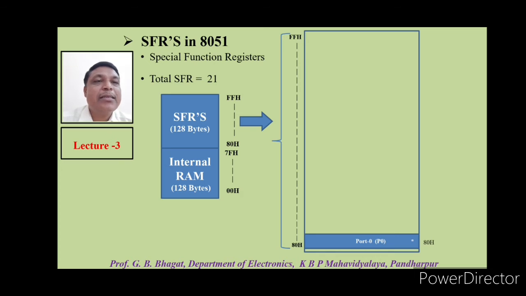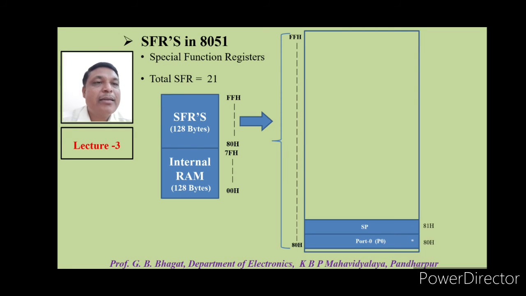First, at address 80 there is port 0, that is, this byte having address 80 is assigned for port 0, that is P0. This port is bit addressable, as there is a star symbol near address 80, which indicates it is a bit addressable SFR.